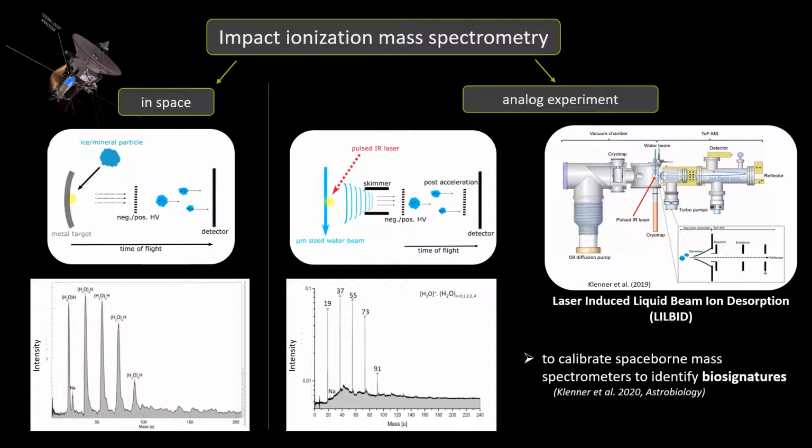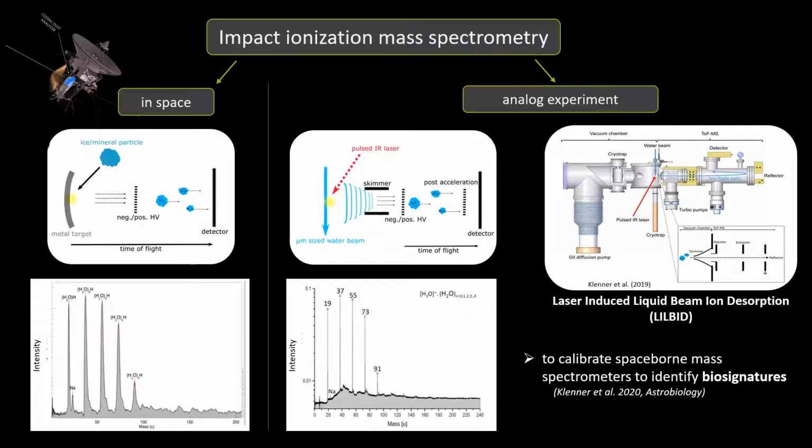In the lab, we simulate the hypervelocity impact of the ice grains with the laser-induced liquid beam ion desorption experiment, or LILBID. Here, the impact ionization process is simulated by irradiating a micrometer-sized liquid water beam that contains dissolved analytes with an infrared laser.